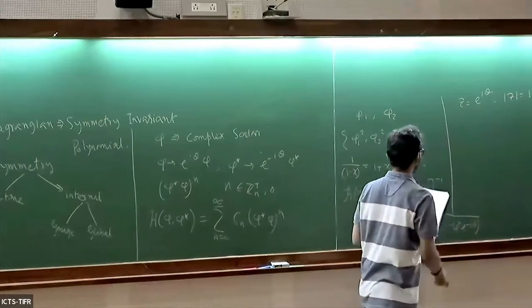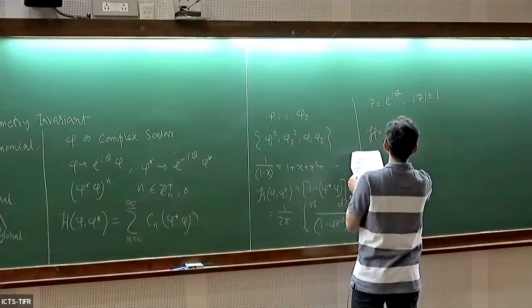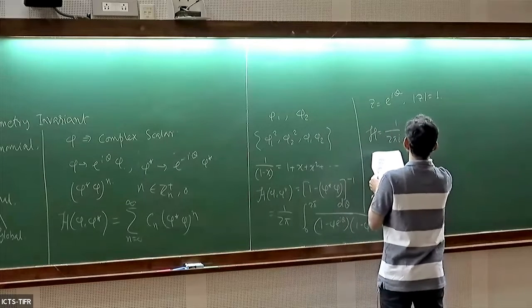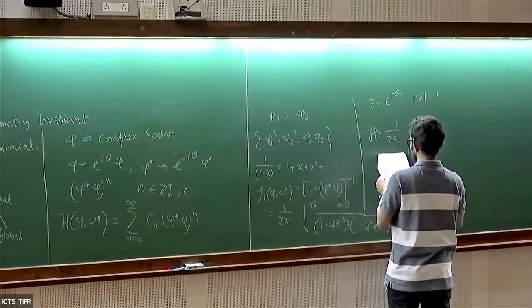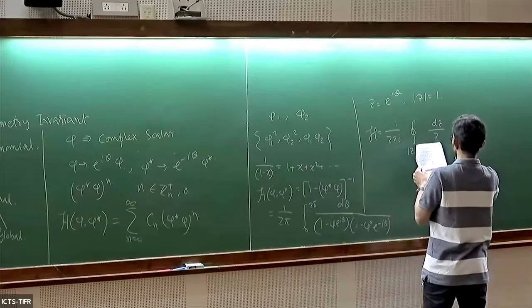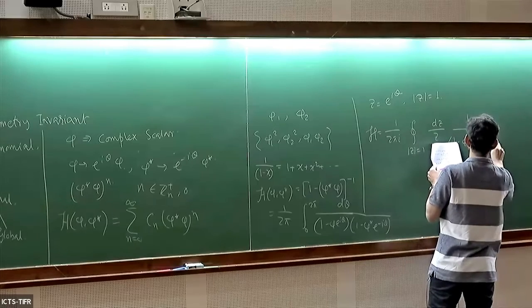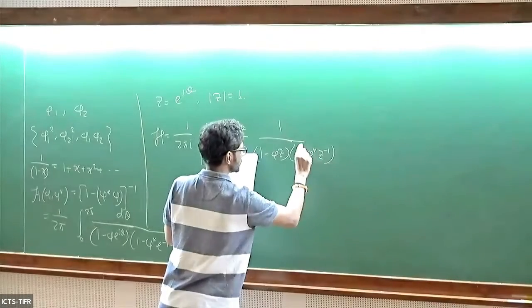So this integral I can automatically write as 1 by 2 pi i, integral over mod z equal to 1, dz by z, 1 over 1 minus phi z times 1 minus phi star z inverse.